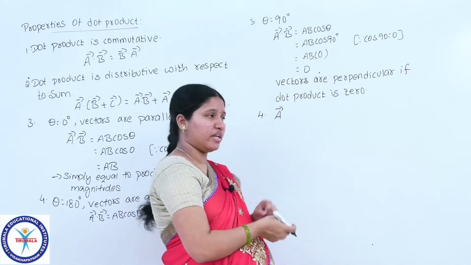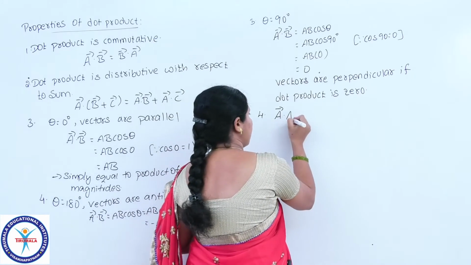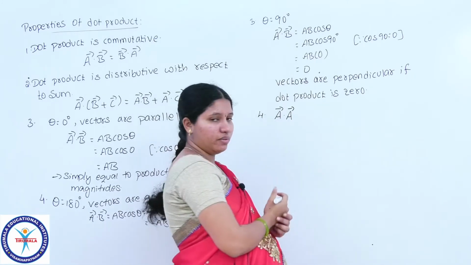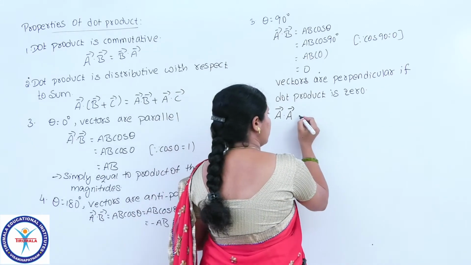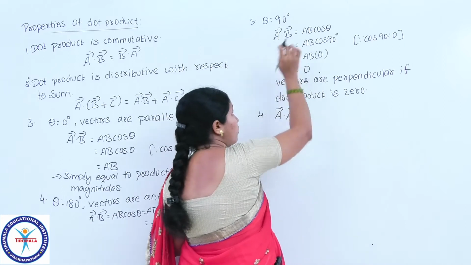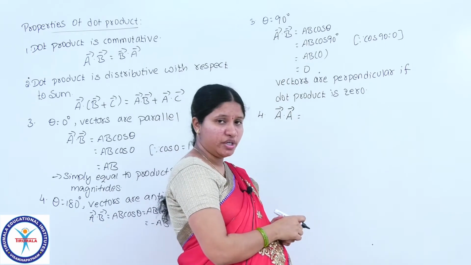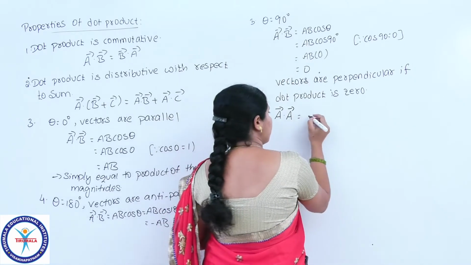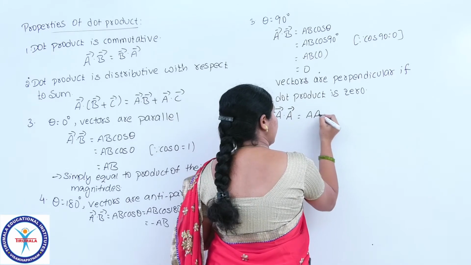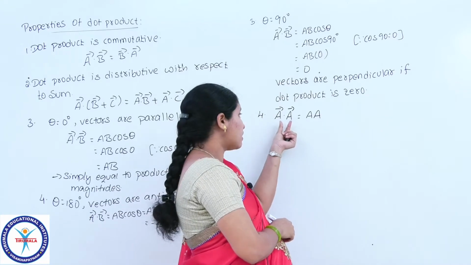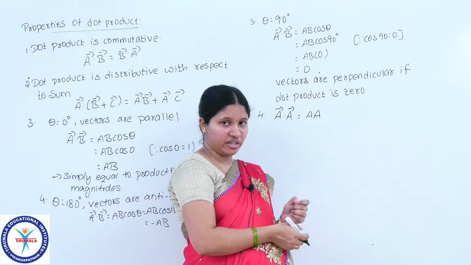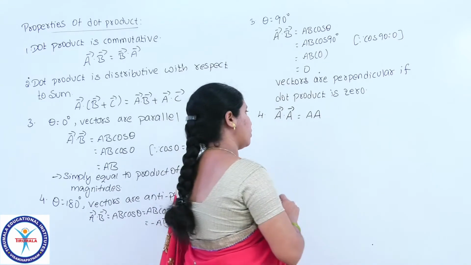The next one is, if we take a vector a bar and if we multiply the vector a bar with the same vector, that is a bar dot a bar, how it will be, let us see. So already we know the formula is a bar dot b bar equal to ab into cos theta. So product of their magnitudes is a into a, and what is the angle between the vectors? As we are considering the same vector, the angle will be 0 degrees.